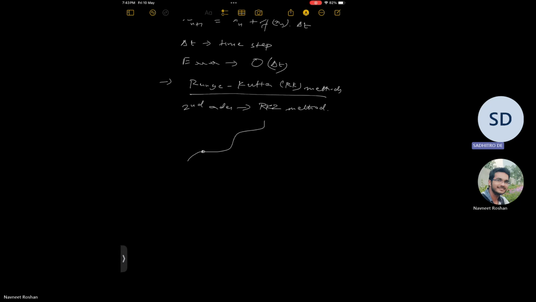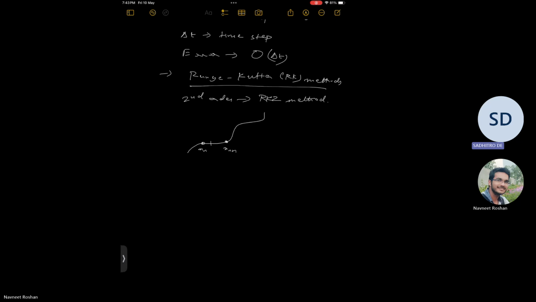You're sitting at a point xn, and you want to go to a point xn plus 1. The second order RK method takes a point somewhere in between. It calculates the solution at the in between point, and then uses this solution to approximate the total solution. So it basically tries to predict this.